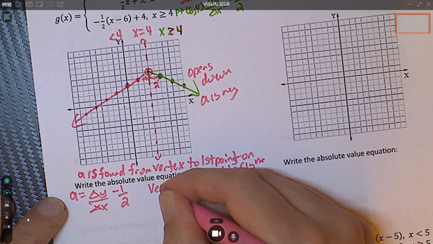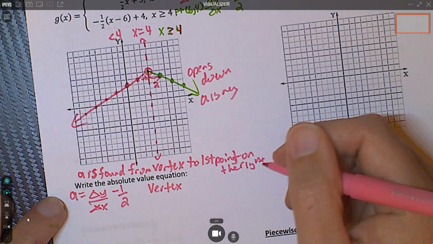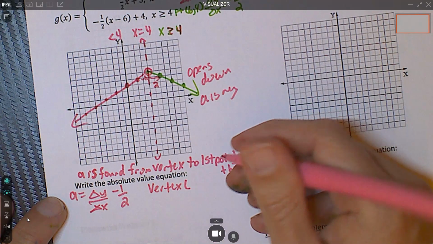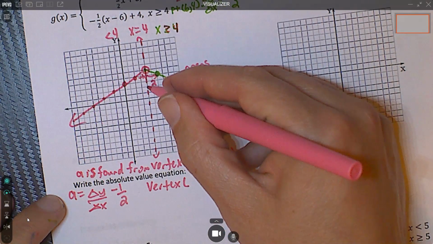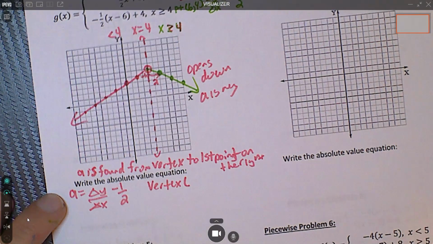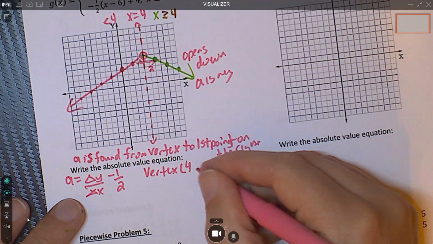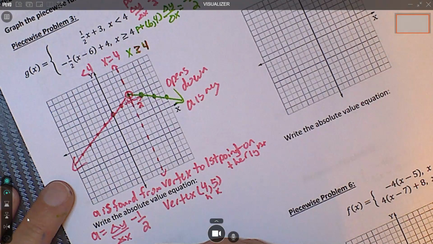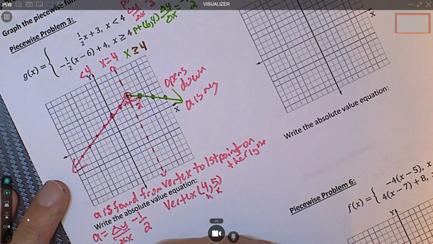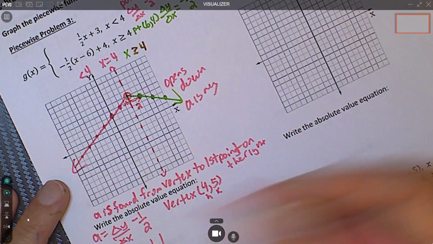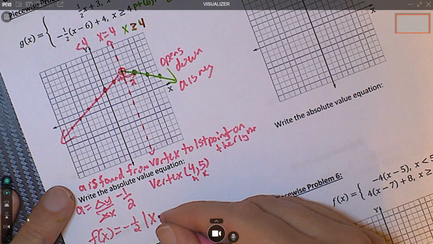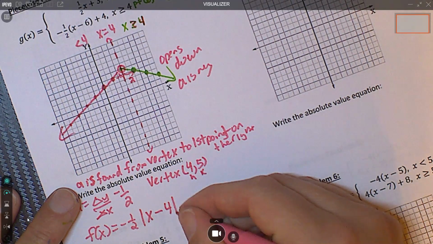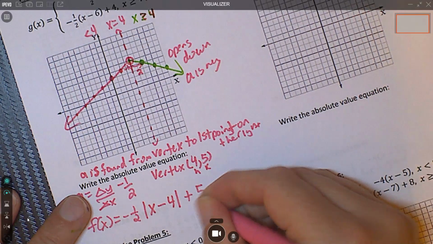Okay, vertex. Okay, the vertex is 4, 5. Okay, so you got f of x equals a, x minus h, plus 5.